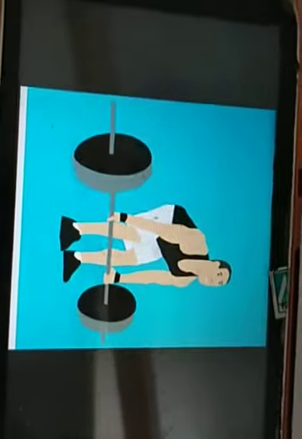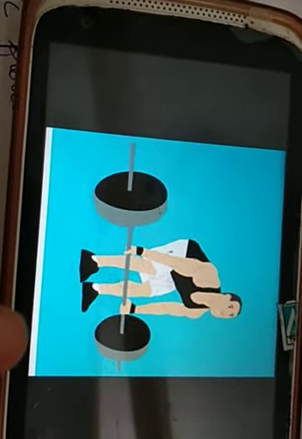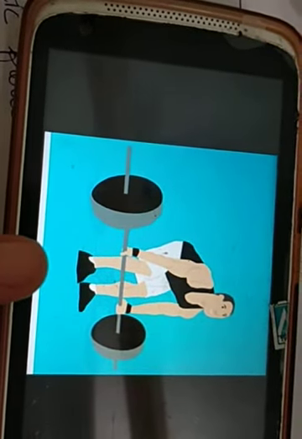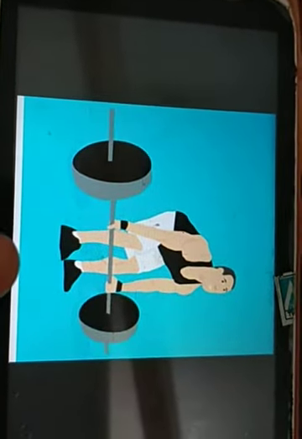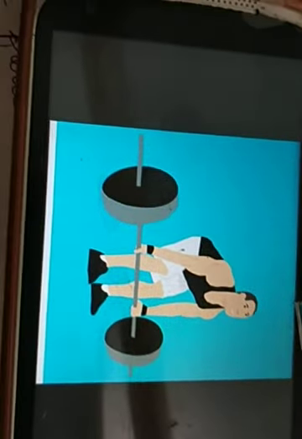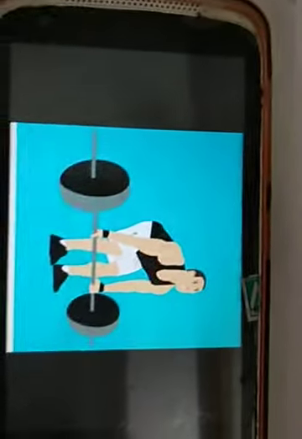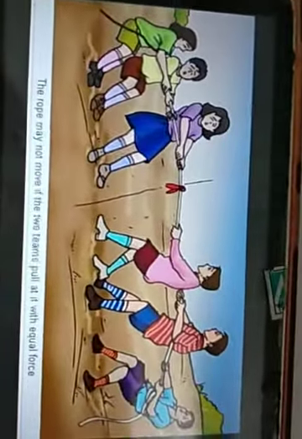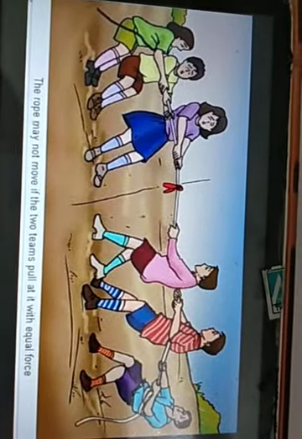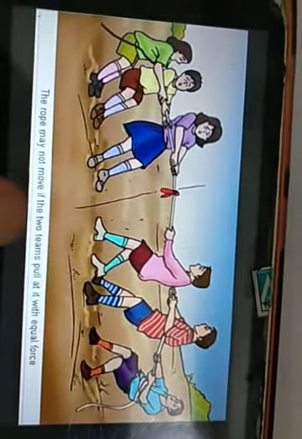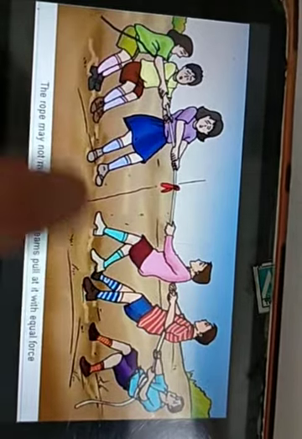I will show you in the form of pictures. See this picture, the person is holding a weight, and to hold this weight it requires the functioning of the muscles. So this is also known as muscular force. Now in this picture you can see the students playing with each other and they are pulling the rope with equal force on both sides.